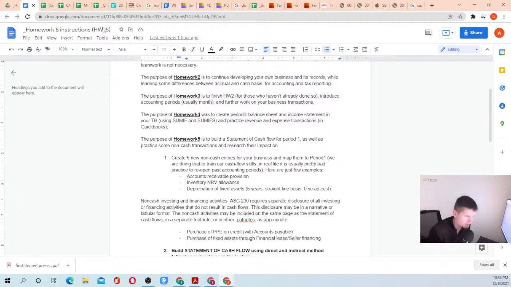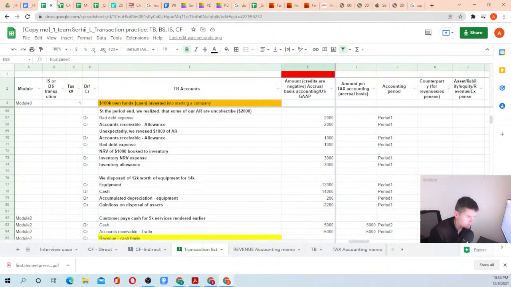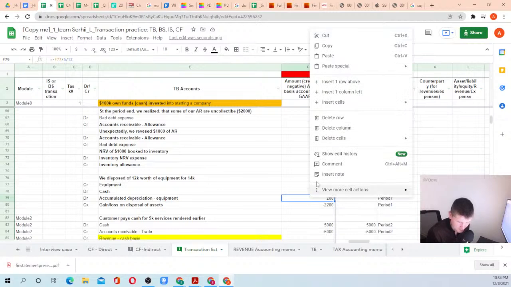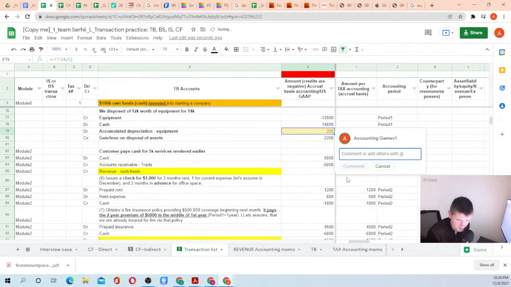And I divide by 5 and then by 12. Let's add a comment: depreciated over 5 years by 12 months, or 60 months.